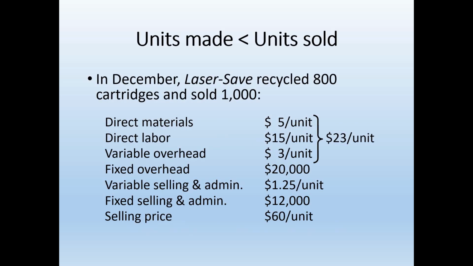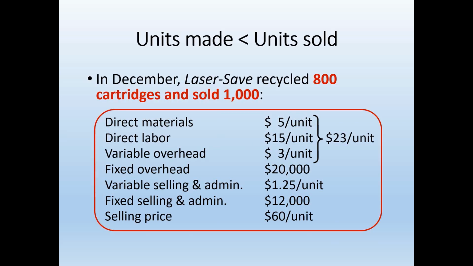We're still looking at Laser Save, and none of the costs or the selling price has changed between November and December. The only difference is that in December, Laser Save recycled 800 cartridges, but it sold 1,000.